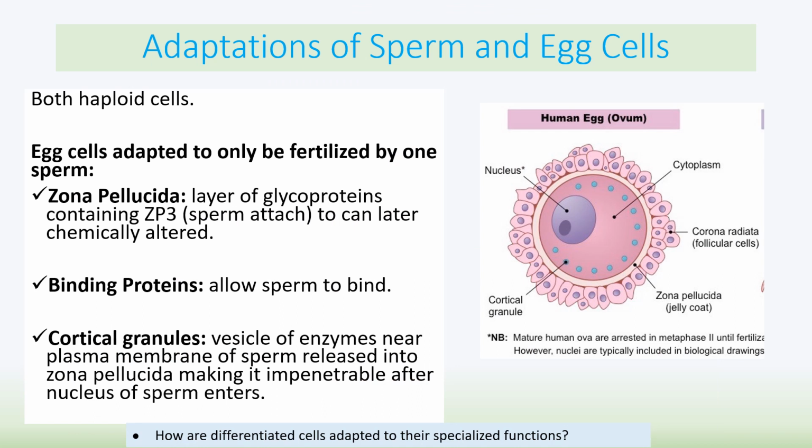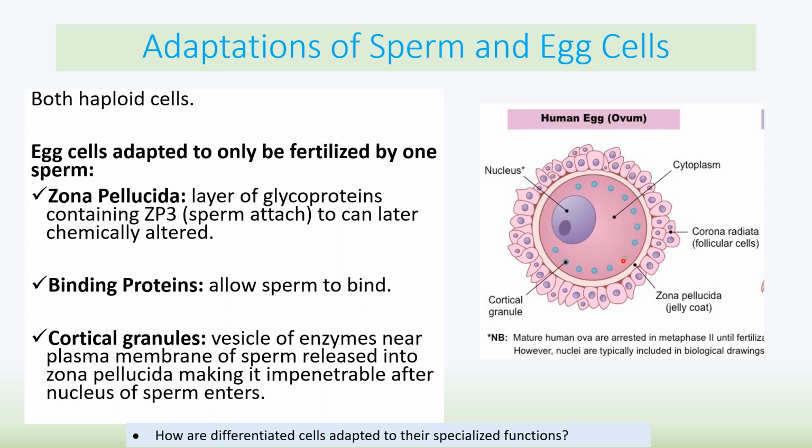We need to know about adaptations of the sperm and the egg. So both of those are haploid cells. They both in humans contain 23 chromosomes. But if we look closely, the egg cell is adapted to only being fertilized by one sperm.